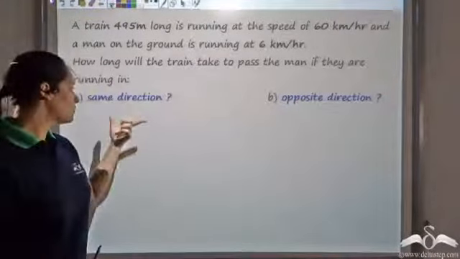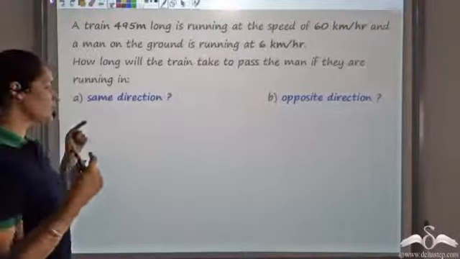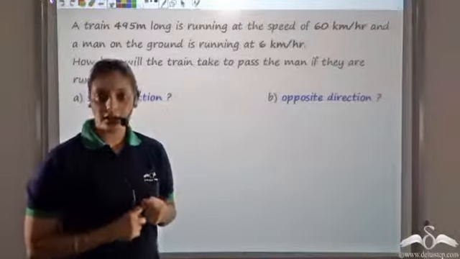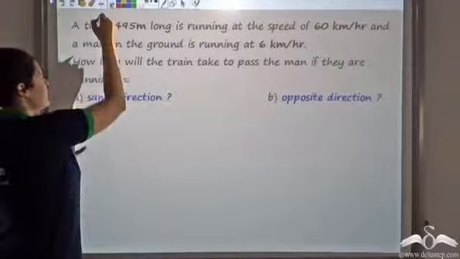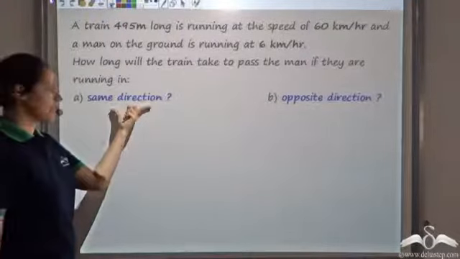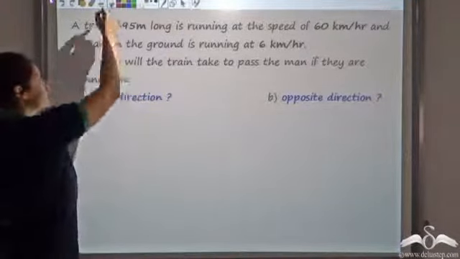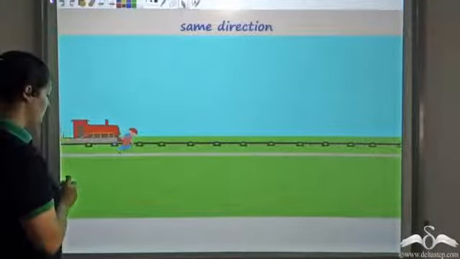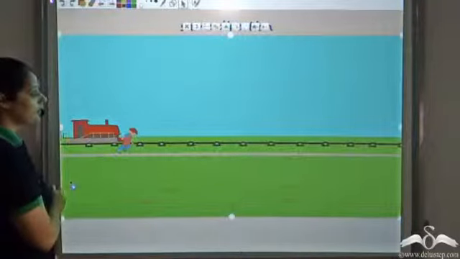Now, as soon as you get two objects moving in the same or opposite directions, the first thing that should strike is relative speed. So let's first concentrate in this case, which is same direction. So let's look at this video where both of them are running in the same direction.